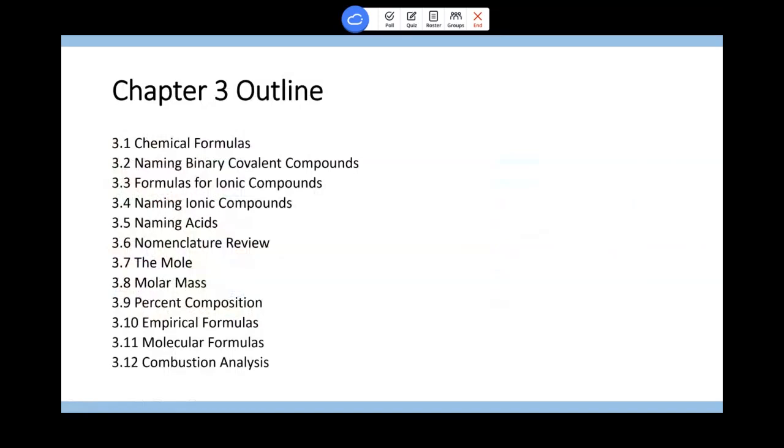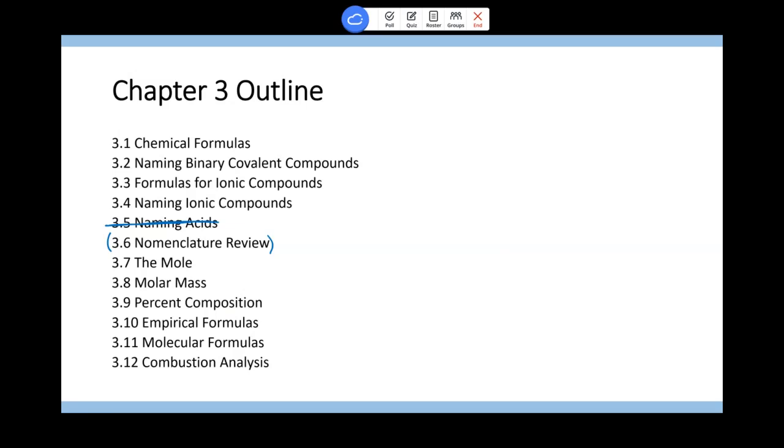So here's our outline, all the different sections, of course. We're not going to cover 3.5, naming acids. That's not a main learning objective for our class, so I don't have any slides from that section. You will learn about naming acids as you go through chemistry. And 3.6, I don't have specific slides because this section in the book is essentially a flow chart of how to name a bunch of different compounds.